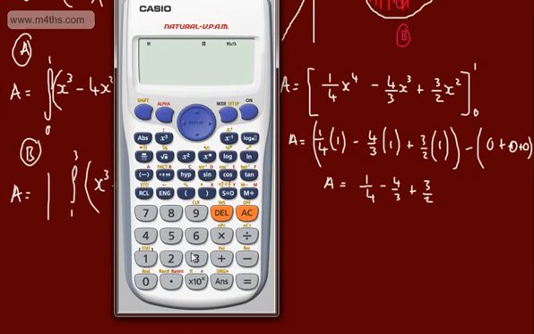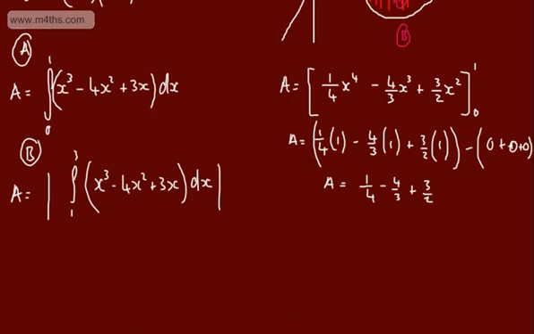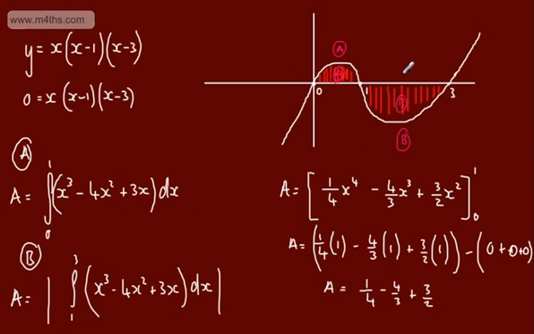We've got 0.25, then minus 4/3, and then plus 1.5. I apologise, I'm being a little lazy here. 5/12. So that's the area right here. So this area is going to be 5/12, and that's going to be units squared. Now, here, of course, I've just got subtracting away 0. Clearly, if that wasn't the case, I'd then have to consider what I've got there.